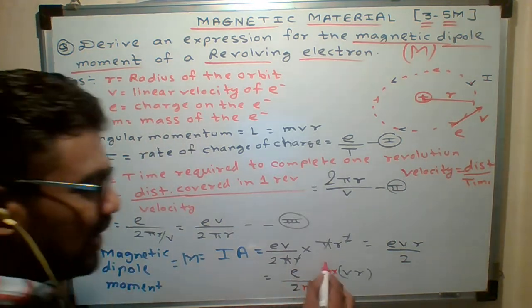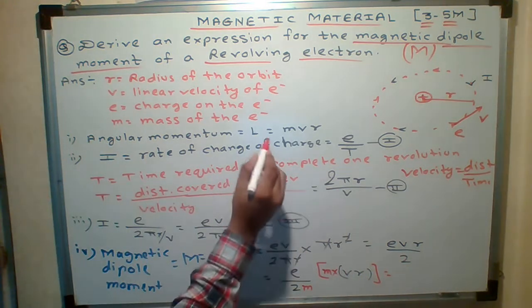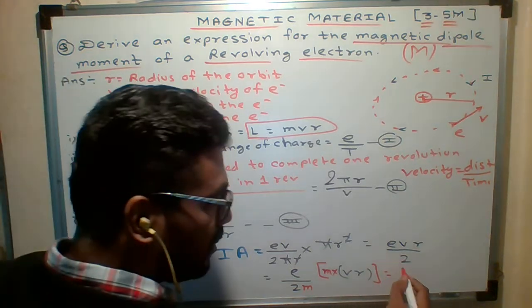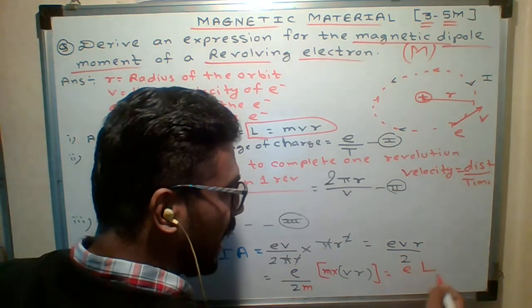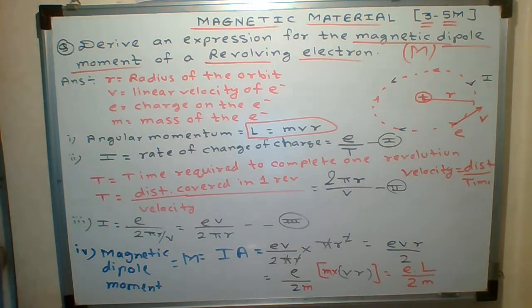Why have they done this? Because m into v into r, we already know, is L. So the final formula is E into L upon 2m. So this is the final formula of the magnetic dipole moment.